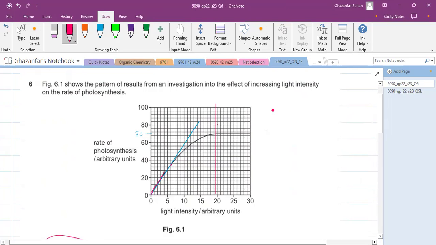So don't go beyond this line. And then, see, okay, so up to this, you will draw a straight line. Then it is better to use your scale.